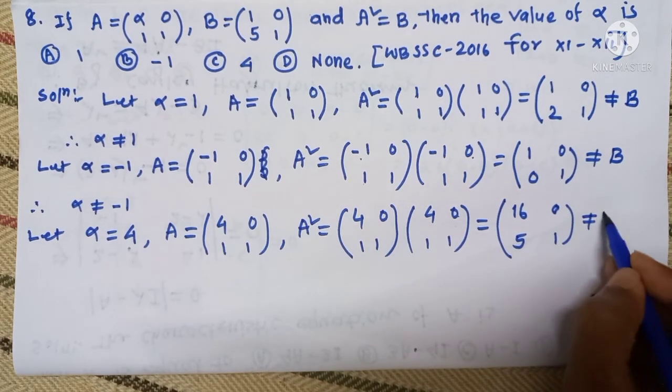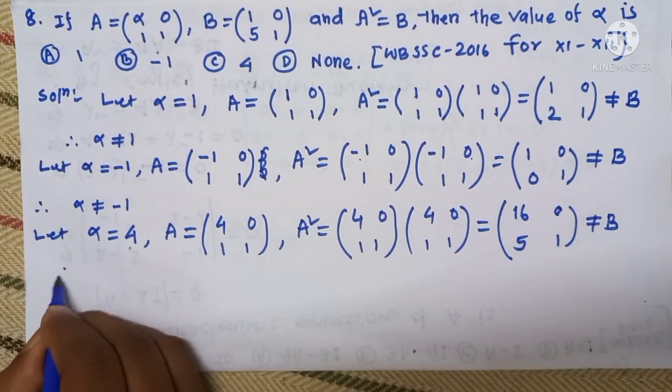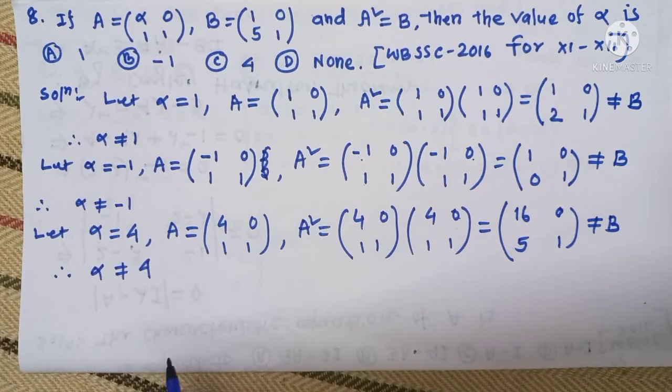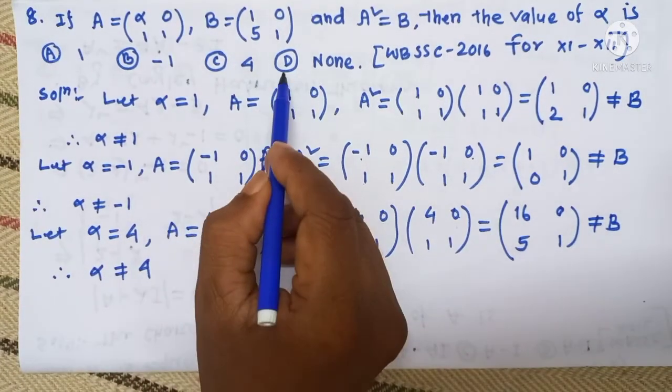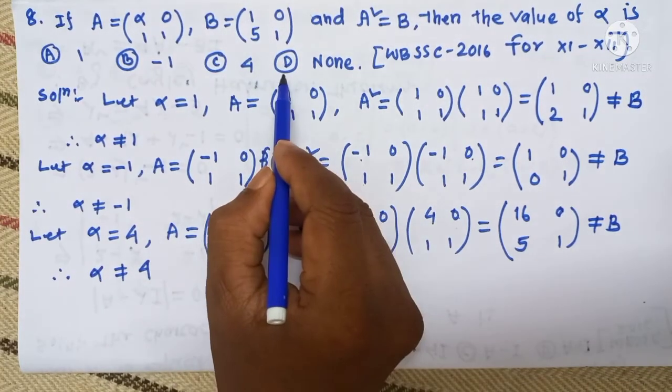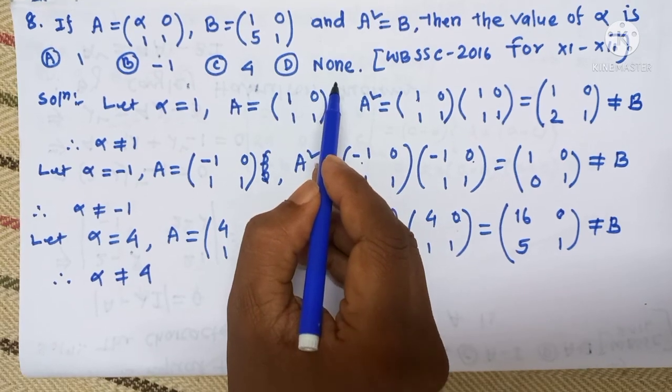This is not equal to B, so we can say that alpha is not equal to 4. Hence option D is the correct answer.